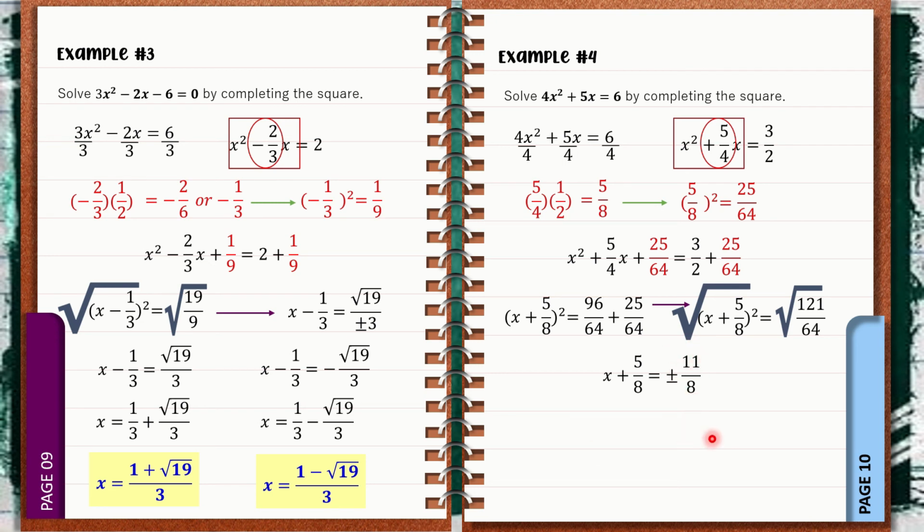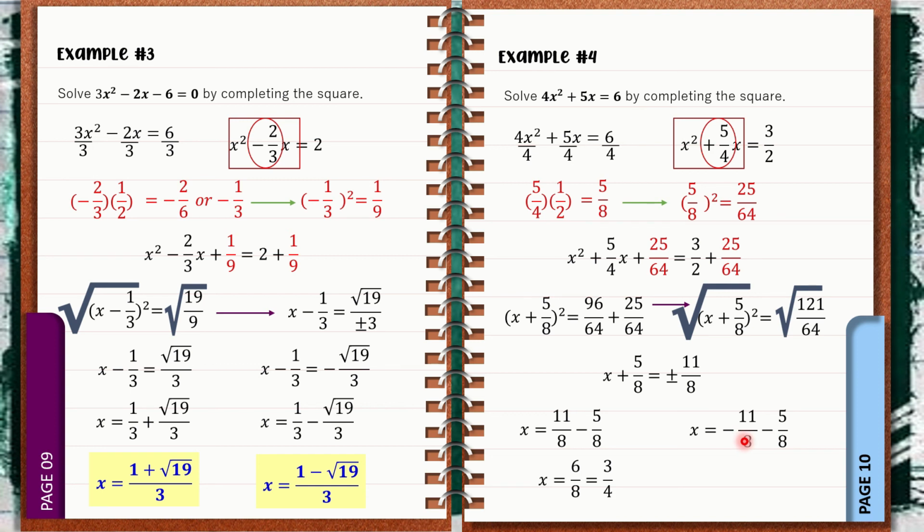So let us get the values of x by simply using the addition property of equality, in which x here will be isolated. So we have x is equal to positive 11 over 8 minus 5/8, and x is equal to negative 11 over 8 minus 5/8. Then 11 eighths minus 5 eighths is equal to 6 eighths, which is also equal to 3 fourths.